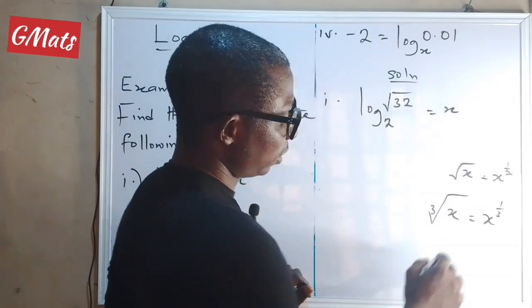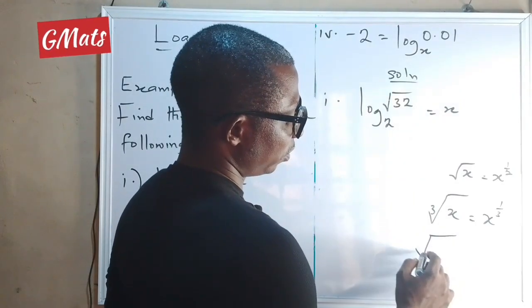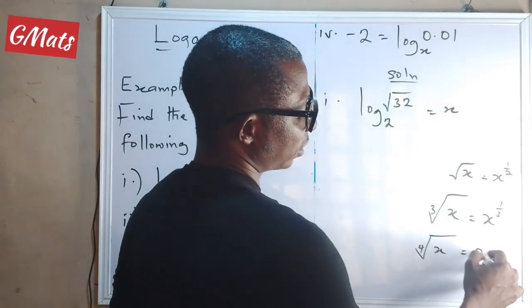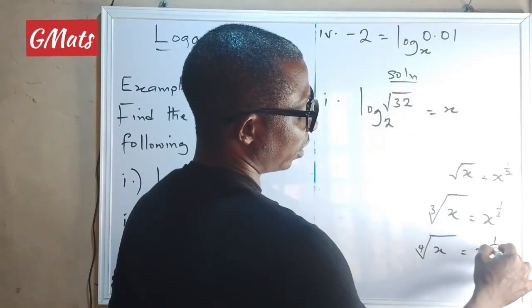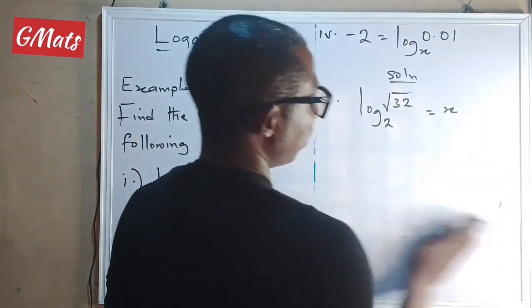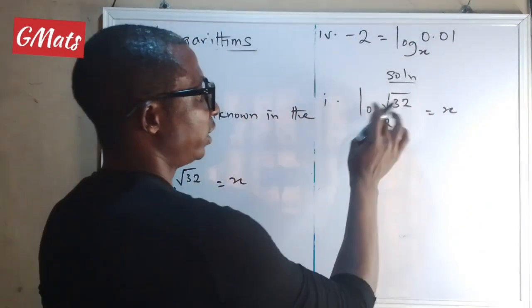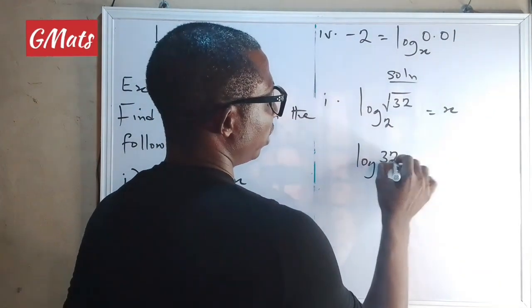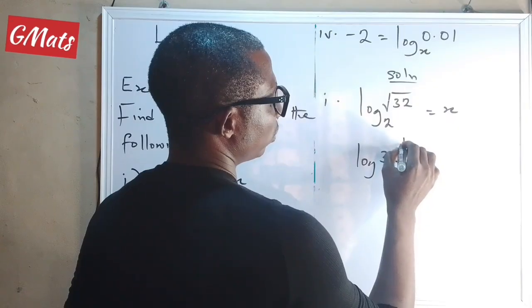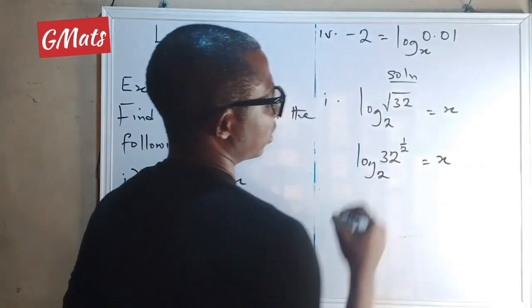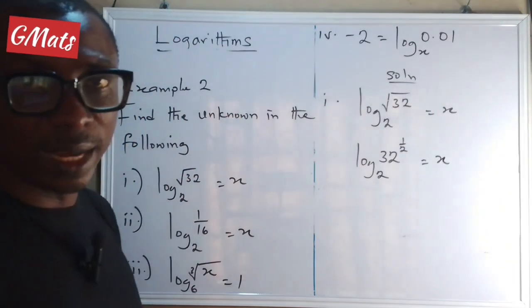Hope you get that. So we have fourth root of x. What will that one give you? X raised to the power of 1 over 4. Alright, so that is what we are going to do here. So this equation turns to log of 32 raised to the power of 1 over 2 base 2 equals x.